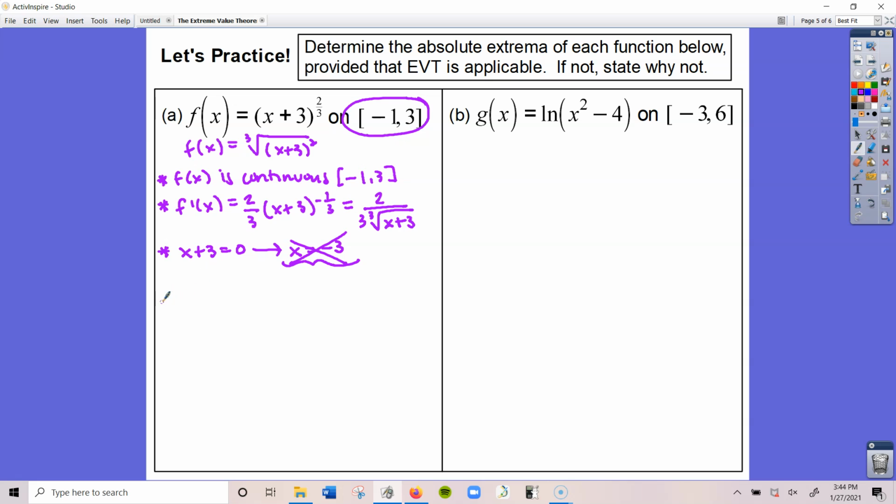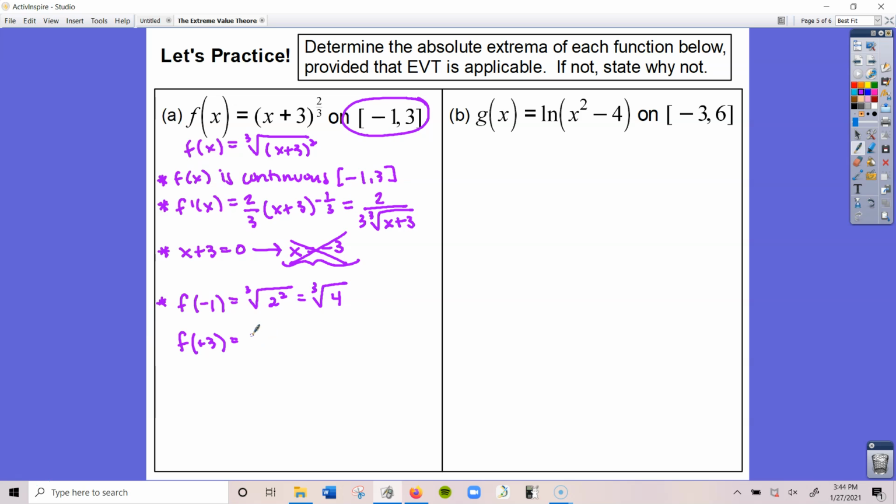So when it comes to testing our numbers, we're only going to test the endpoints. So we're going to look for f of negative 1 and f of 3. When we plug in negative 1, that is the cube root of negative 1 plus 3, so 2 squared, which is equal to the cube root of 4.